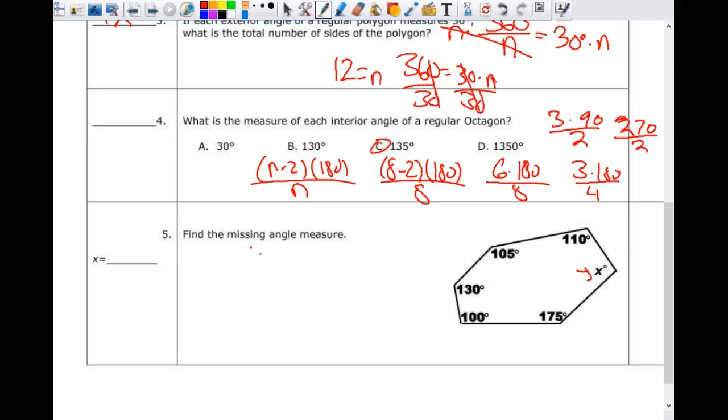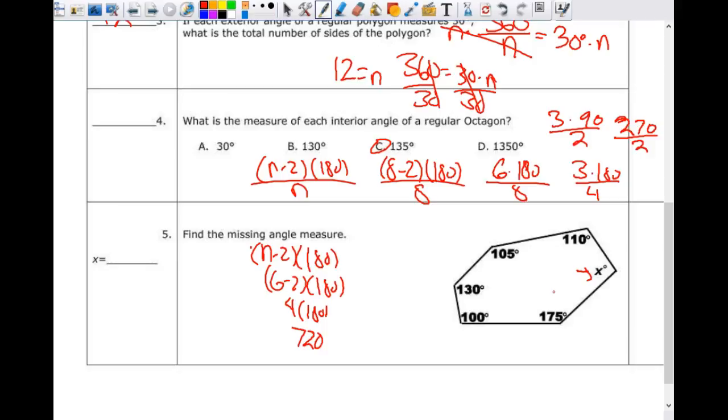So the sum of interior angles is n minus 2 times 180. 6 minus 2 times 180. That's 4 times 180, which is 720. So all 6 of those have to add up to be this many degrees.